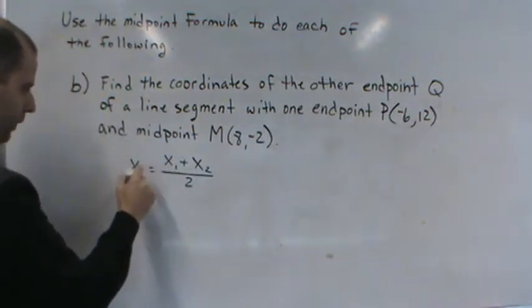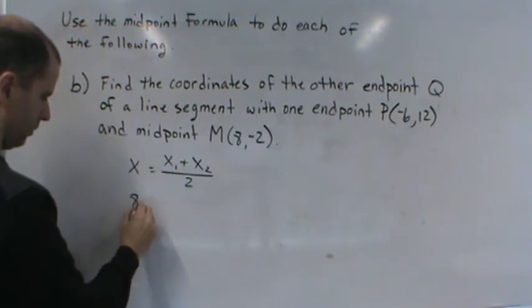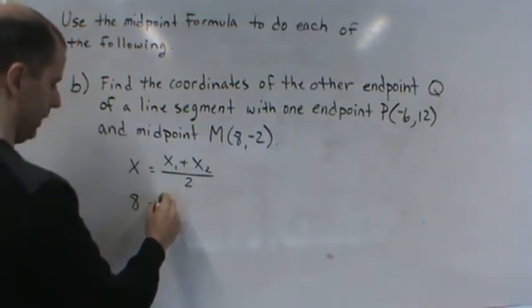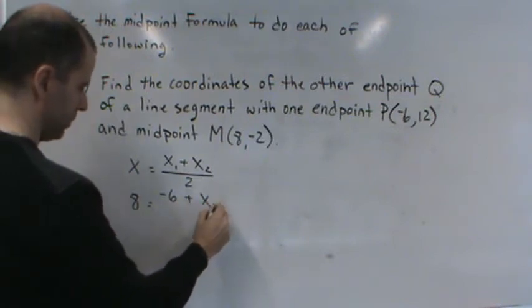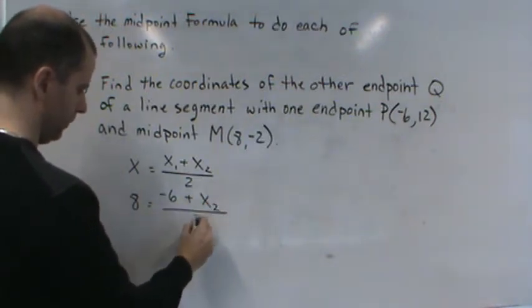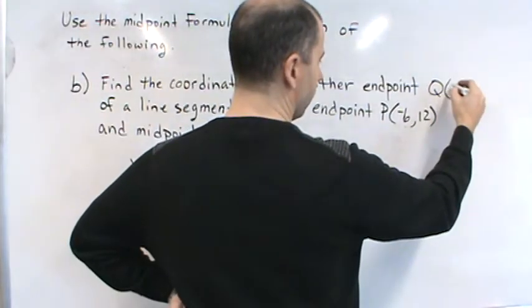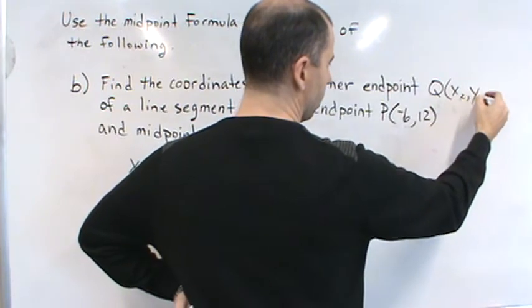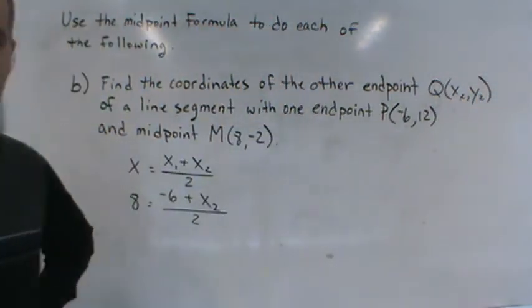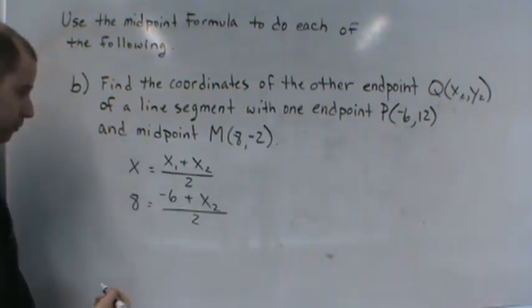So we can plug in for x1. So we can say 8 is equal to negative 6 plus x2 divided by 2. So x2 represents the point I'm looking for. Okay, so we're looking for Q.